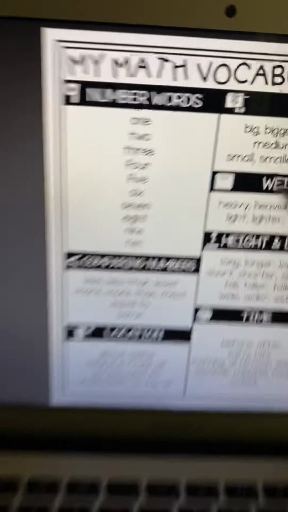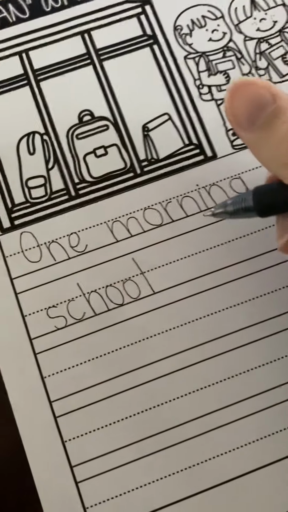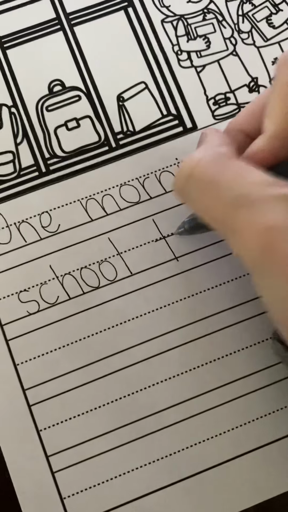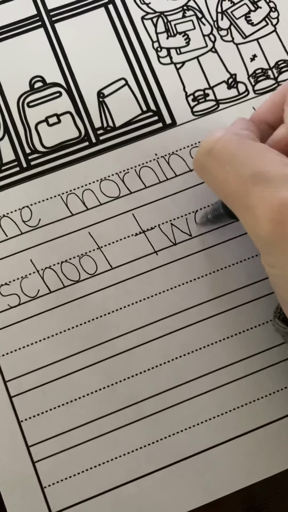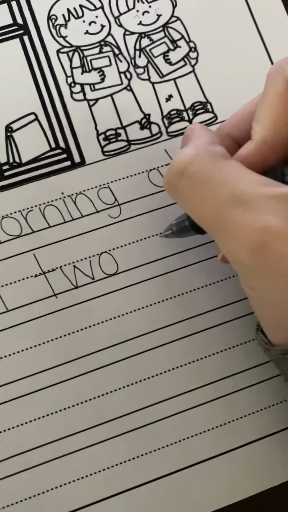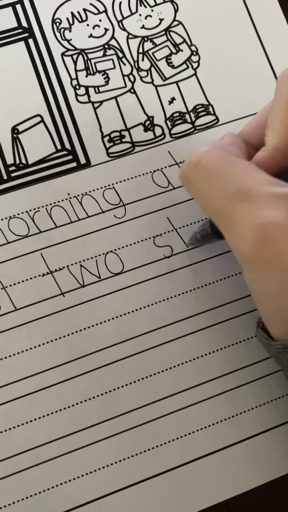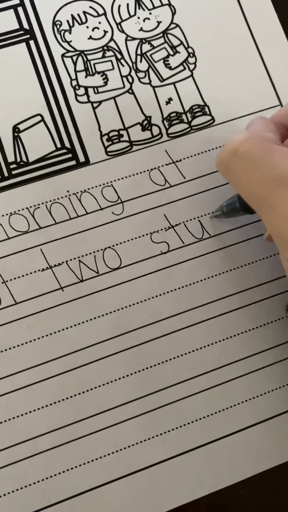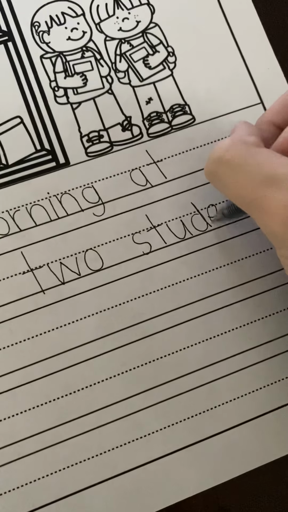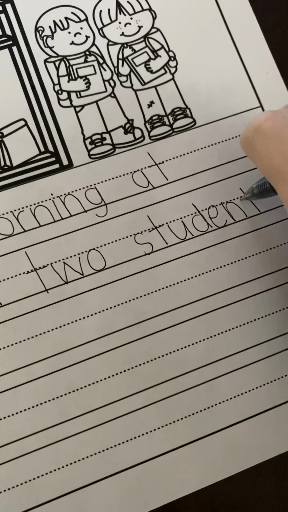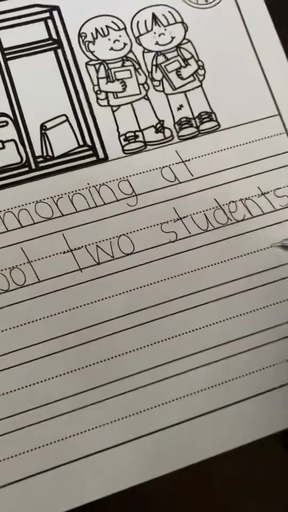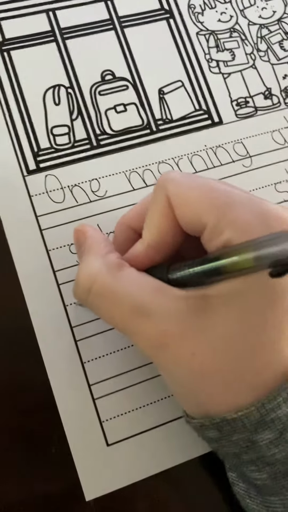Remember, you use your number words up here. 2 students walked in with their backpacks.